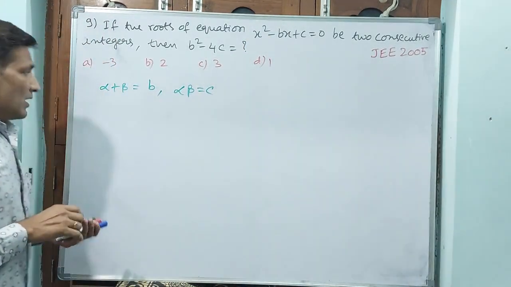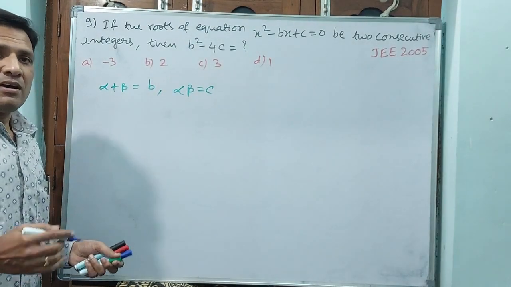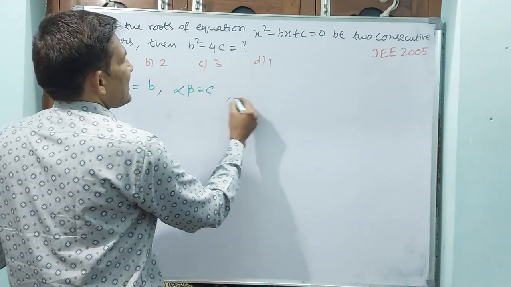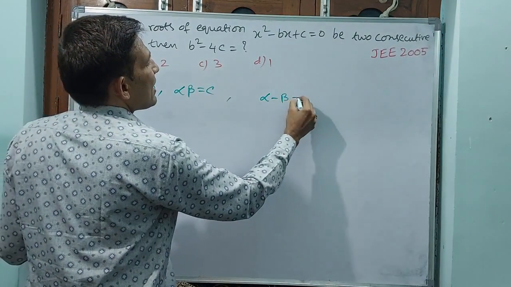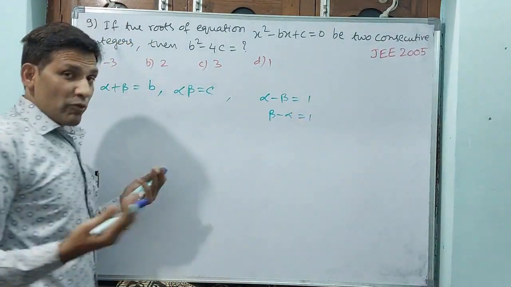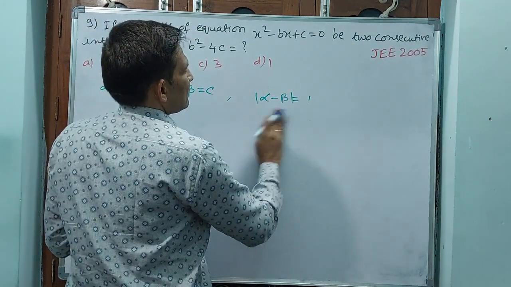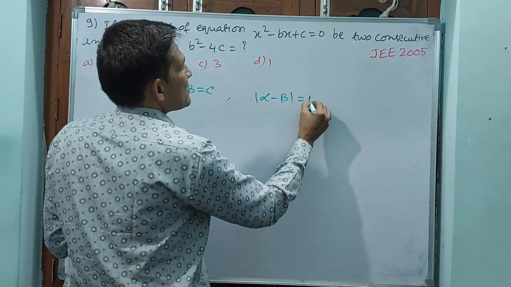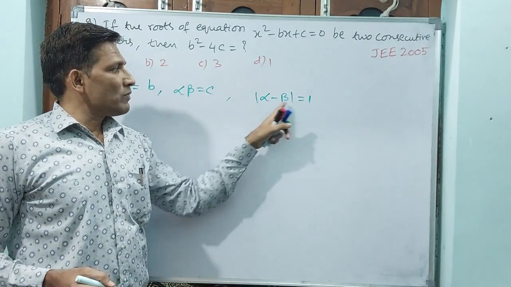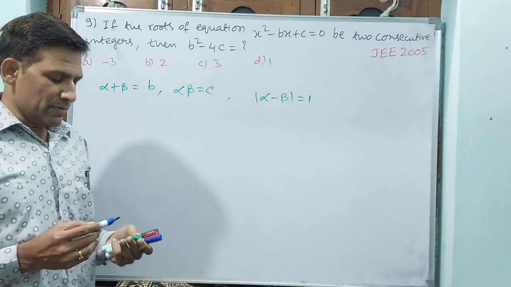Now see, consecutive integers means the difference between alpha and beta is 1. Alpha minus beta may be 1 or beta minus alpha may be 1. We don't know, but I will put modulus. Now alpha minus beta or beta minus alpha, both will give 1 only. Minus 1 will not come. That is why I have kept modulus.